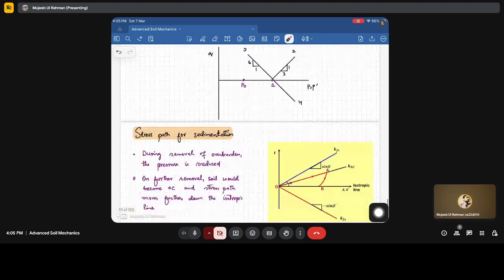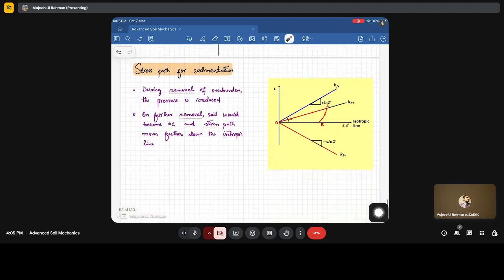Now we have another topic to discuss, the stress path for sedimentation. Over time, for example, when soil is getting deposited, generally it happens over river beds when alluvial soil is getting deposited.